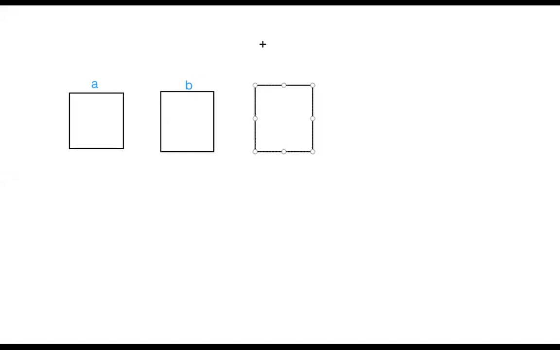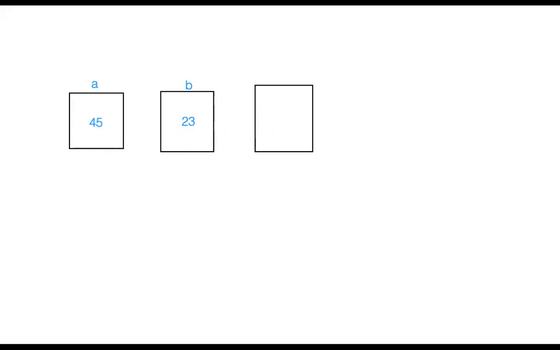Suppose these are my two variables a and b. A contains the value 45 and b contains the value 23. I want to interchange.